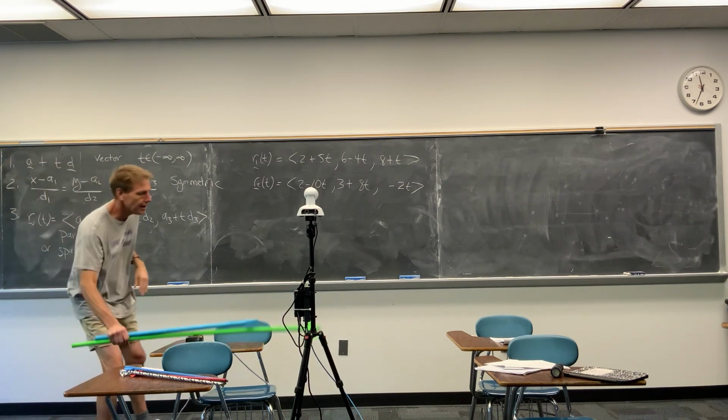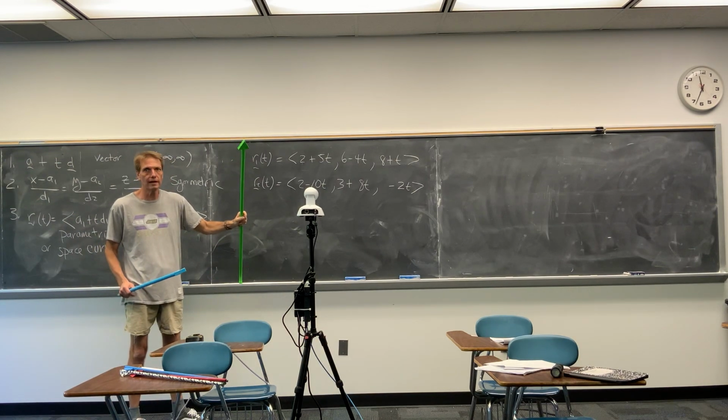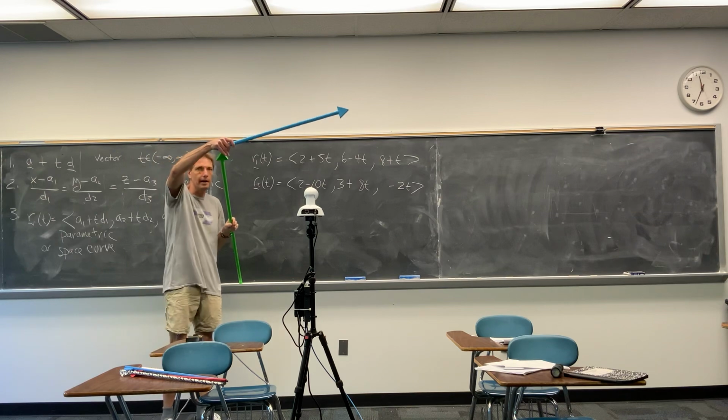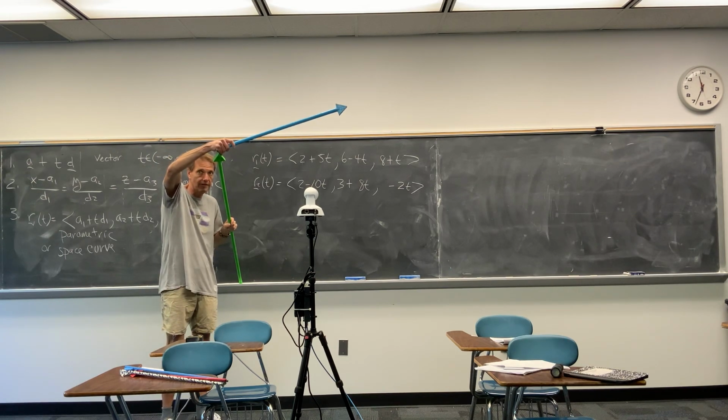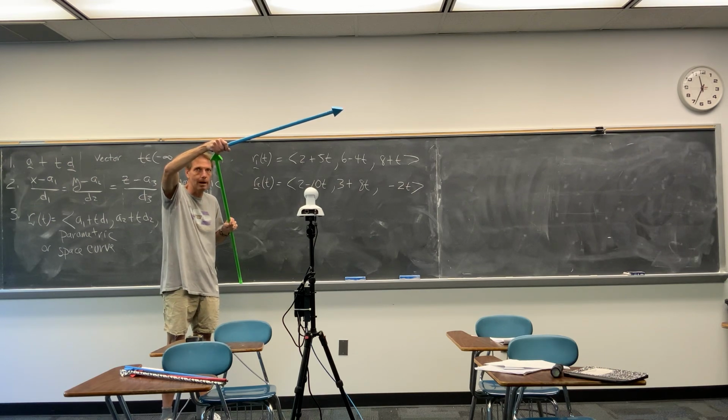I've got a position vector A at the origin, and the blue vector is the direction. Green is A, blue is D. I scale D either this way or that way, through infinity to minus infinity, and so my line runs right on top of my blue vector, forever and ever.